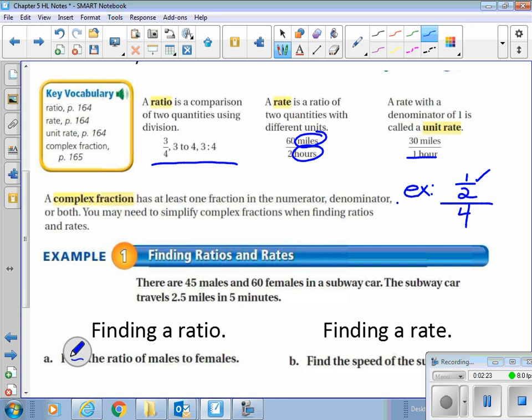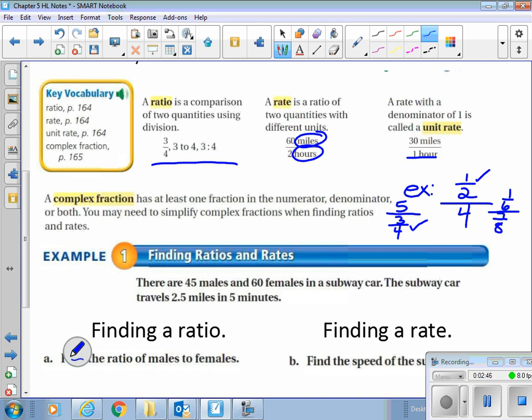Or you could have 5 to 3/4, where you can see a fraction as your denominator, also a complex fraction. Or you might have a numerator and a denominator as fractions, 1/6 to 7/8. You have a fraction on the top and bottom of the ratio, and therefore it is a complex fraction.